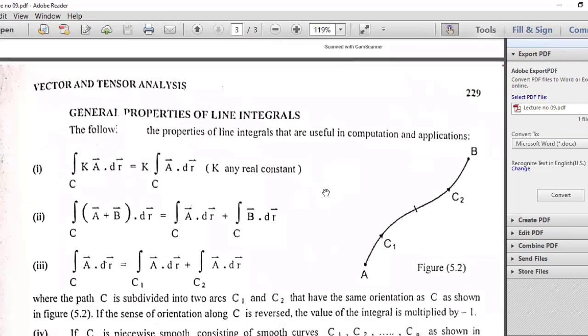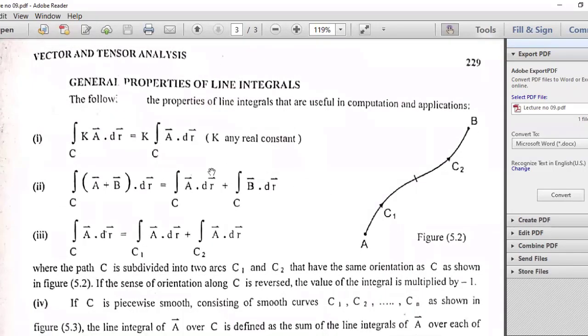Next, the general properties of line integral. These properties are very important from the problem solving point of view. The following are properties of the line integral that are useful in computation and applications. Students, when we multiply by k, which is any real constant, on a line integral, we take it outside the integral, because k is a constant.